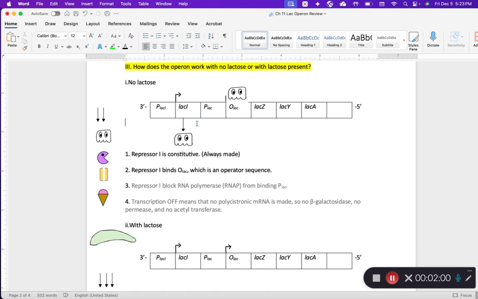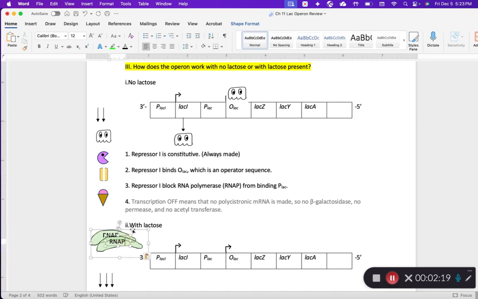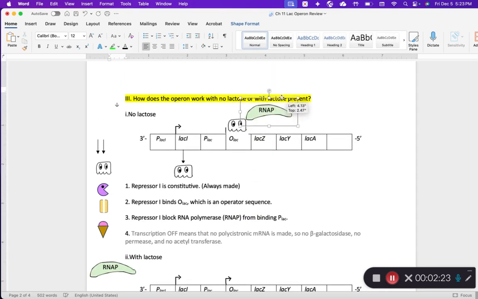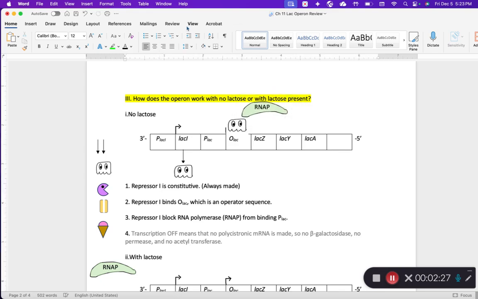Once it's blocked like that, the next thing that's supposed to happen is that our RNA polymerase is blocked. Repressor I is going to block our RNA polymerase from binding. So here's our RNA polymerase. RNA polymerase can't bind because our repressor is in that space.